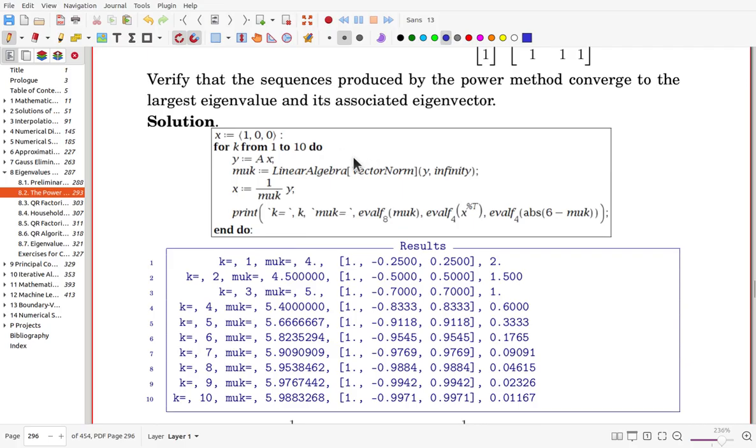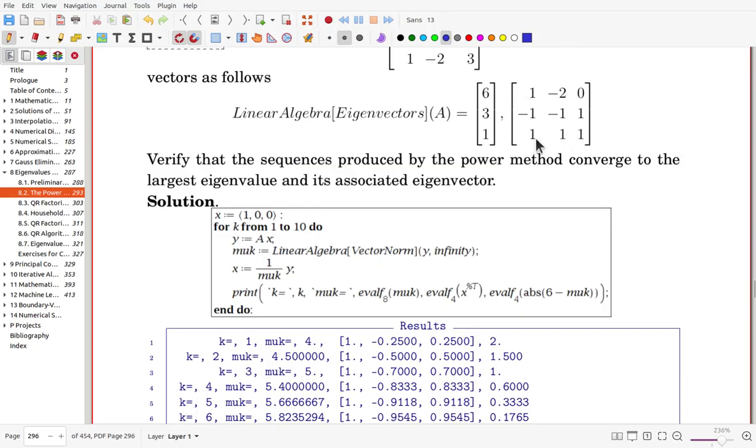This is the Maple implementation. We start with x = (1, 0, 0) and multiply, and now the infinity norm is measured and saved into mu k, and we scale to get the new iterate. In each iteration, we print out the k value and mu k, and also the x, so that it will converge to the vector.